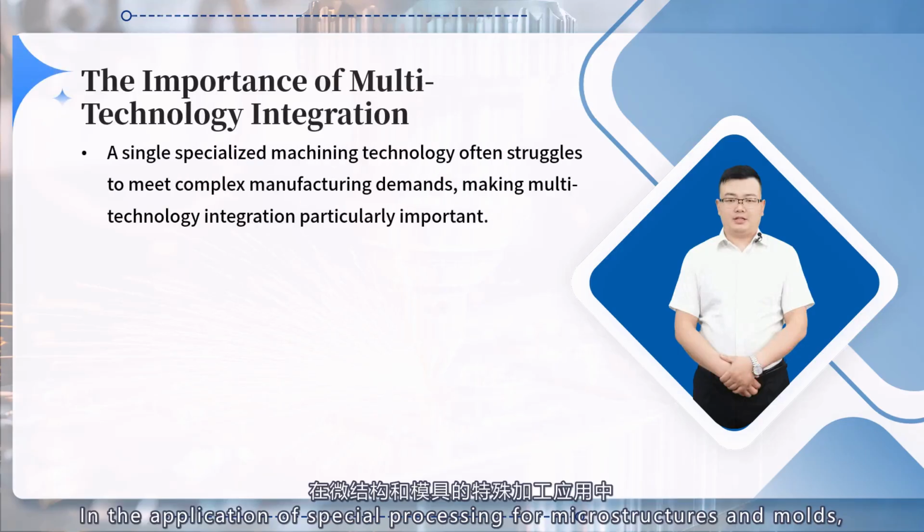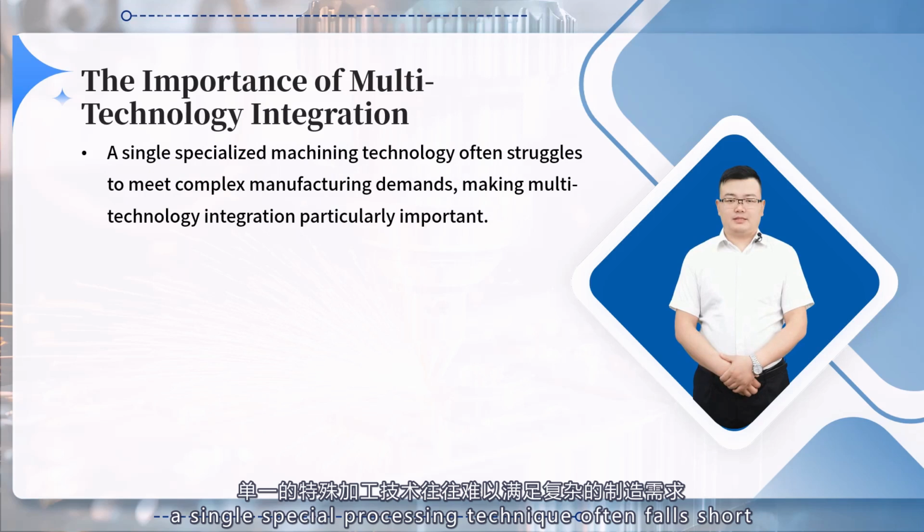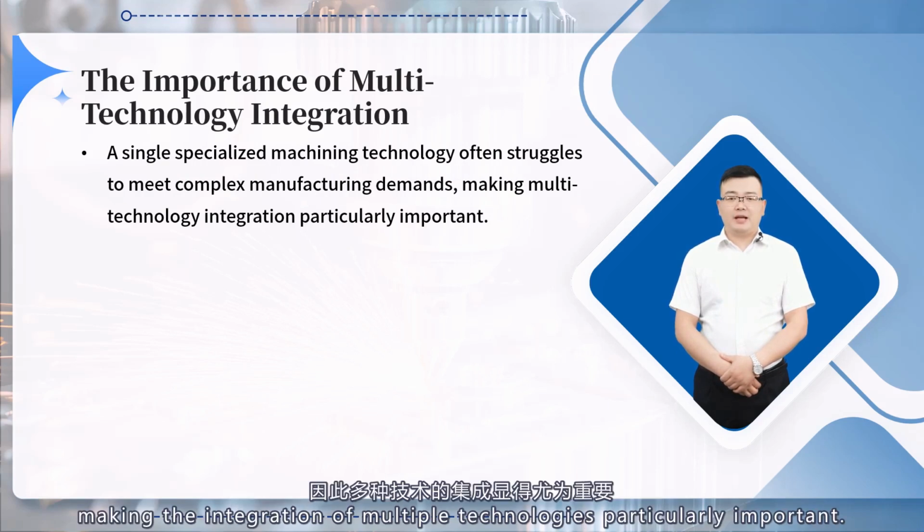In the application of special processing for microstructures and molds, a single special processing technique often falls short of meeting complex manufacturing demands, making the integration of multiple technologies particularly important.